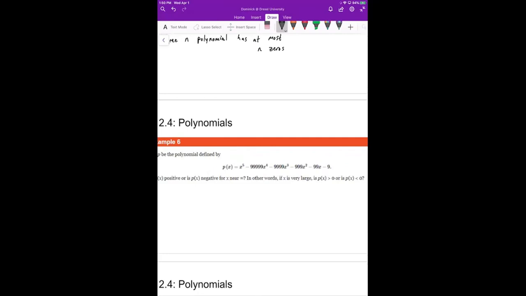Well, if x is large, then x to the 5th is going to be much larger than x to the 4th, x to the 3rd, x squared, x, and any constants, right? So what this aims to show is that after a while, x to the 5th is really the only term that matters. So x to the 5th really dictates the behavior.